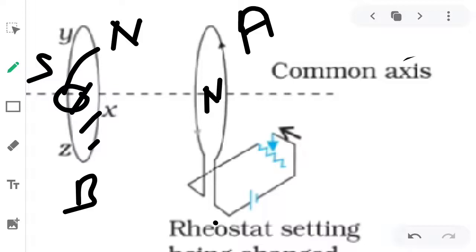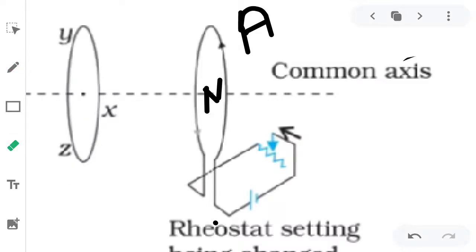Is it clear? Again I am repeating: this is north because of the anti-clockwise direction, current is increasing so it has opposite polarity, so this part will be north and the opposite face of the coil will be south. The face you can see is towards the left side because of the axis. If you focus on the axis, you'll get the idea.